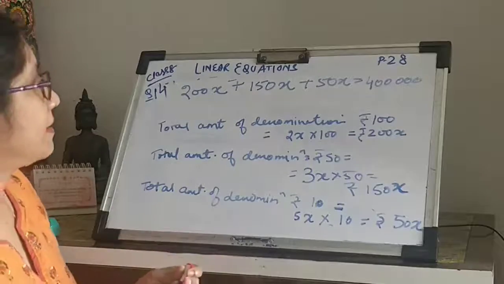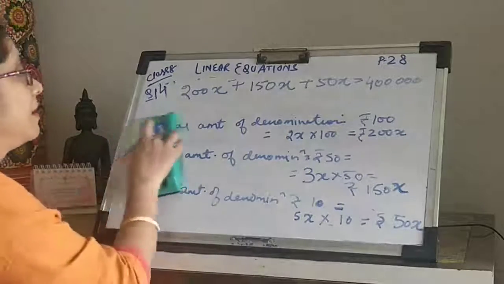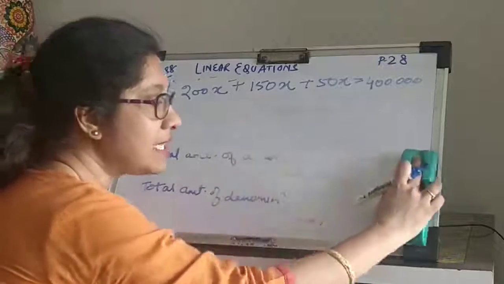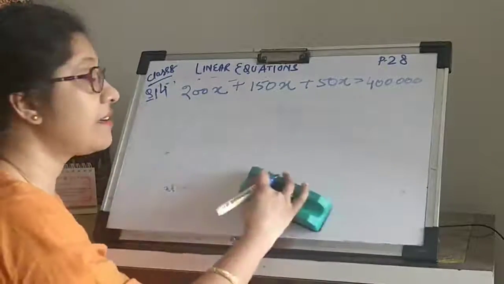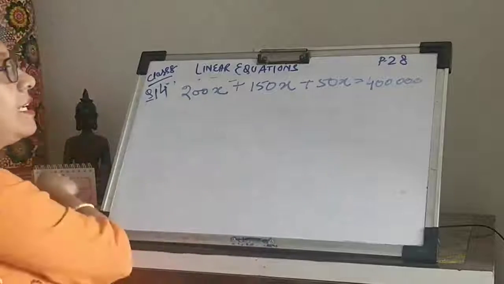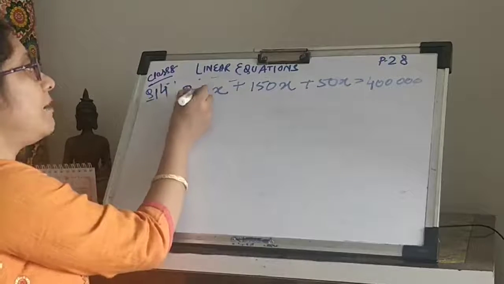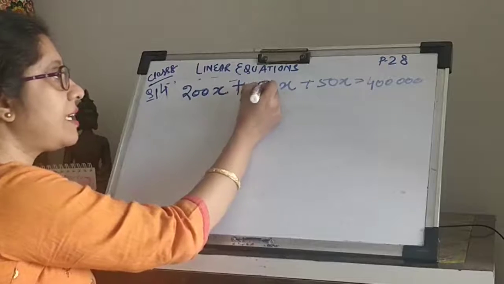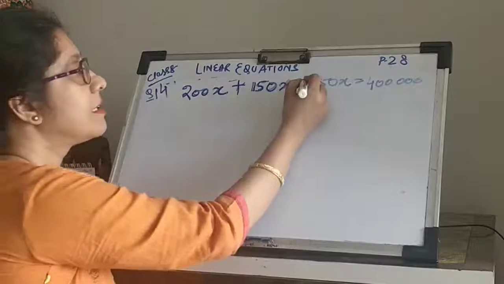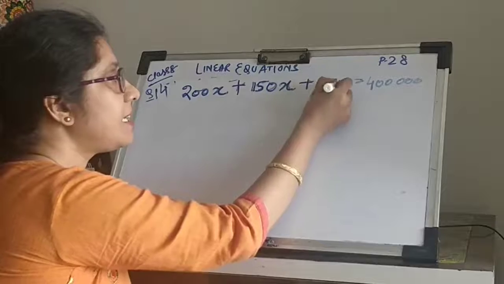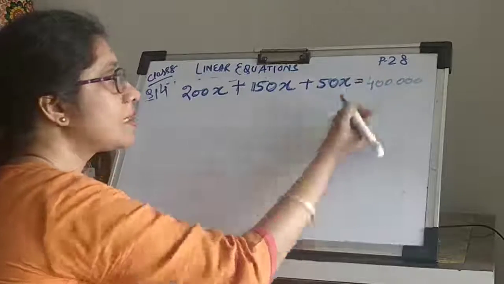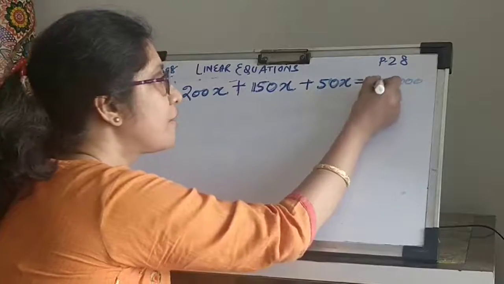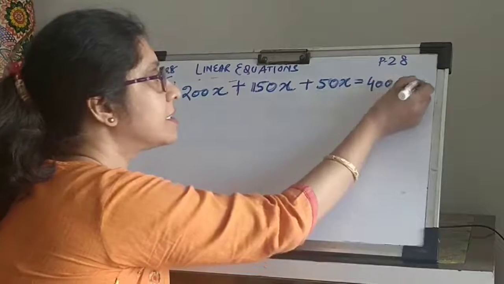I'll repeat. What do I have? When I add the individual amounts of rupees 100, 50 and 10 as 200x plus 150x plus 50x, what is the total amount the bank has? 4 lakhs.